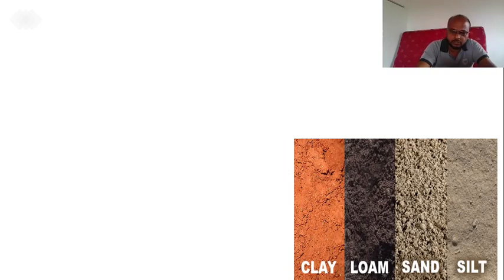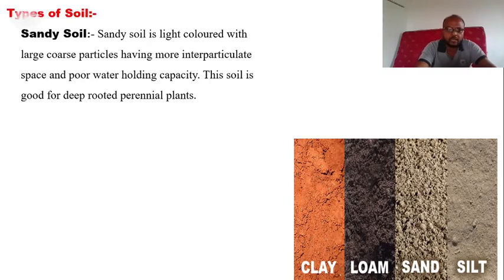These three major types are called clay soil, loamy soil, and sandy soil, as well as silt soil. So the next point we discuss is the types of soil on the basis of which type of soil particles are found in the soil.